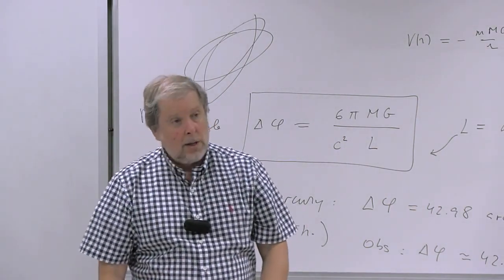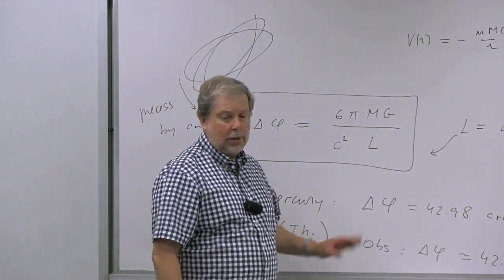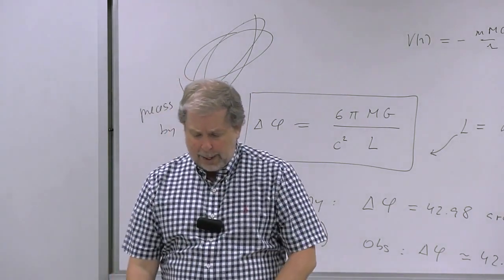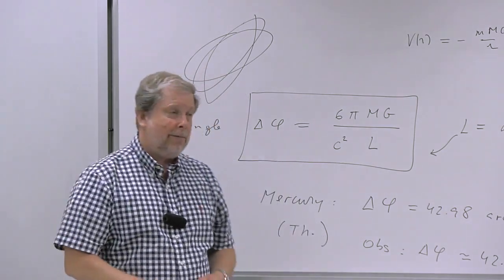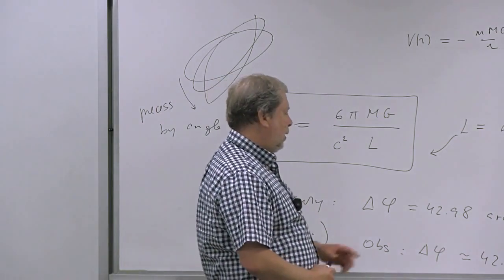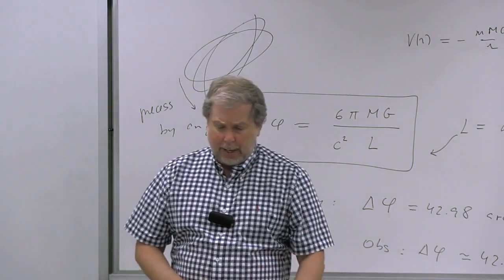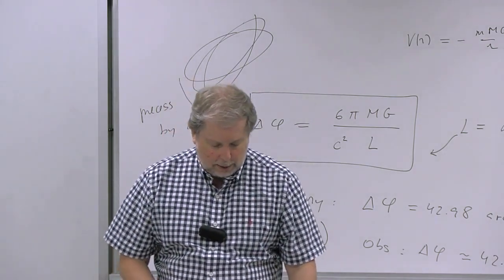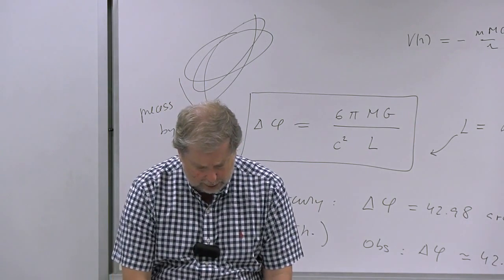When you look at what's left over, it's these 42 arc seconds per century that is left over, which was unexplained back in 1916. So general relativity accounts for that very well. The discrepancy is very small, was already quite small back then. And so this can be considered as one of the first triumphs of general relativity.